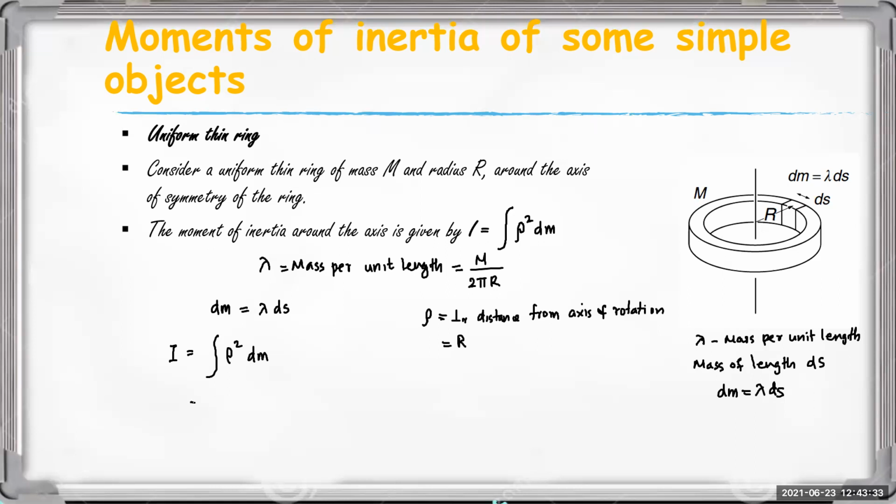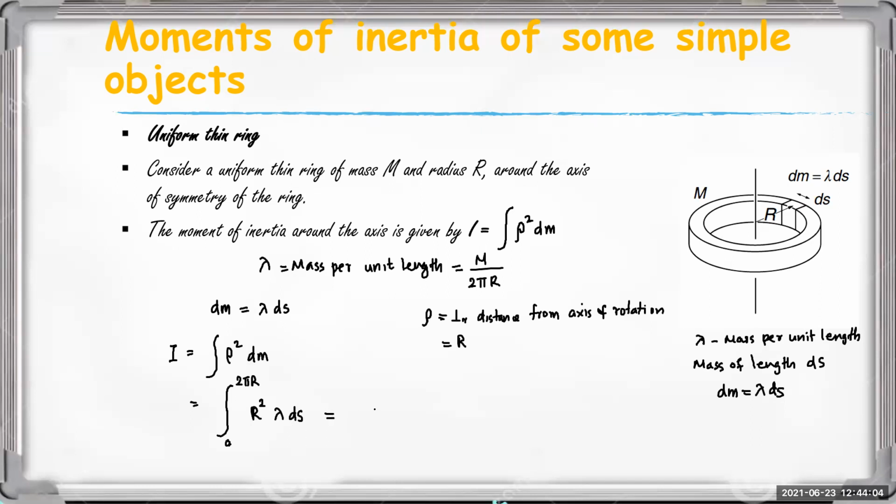So here I write integral from 0 to 2 pi r, it is the total length. Then in terms of rho square, we write r square, and in the place of dm, we write lambda ds. Here ds is the line integral, isn't it?